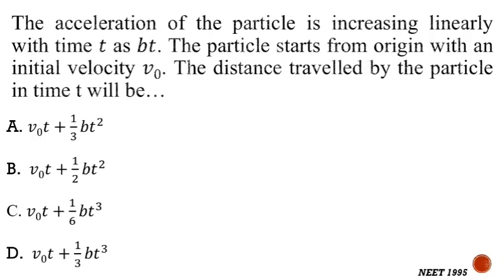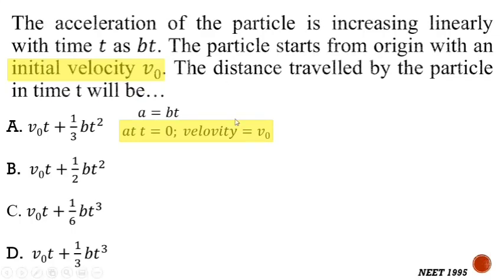Next problem: the acceleration of the particle is increasing linearly with time t as bt. That means acceleration is given, that is equal to bt. The particle starts from origin with an initial velocity v0. The initial position is given and the initial velocity is also given.